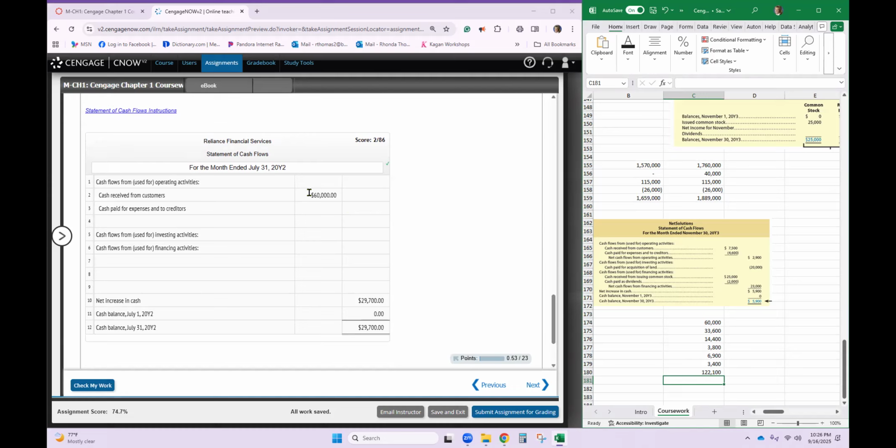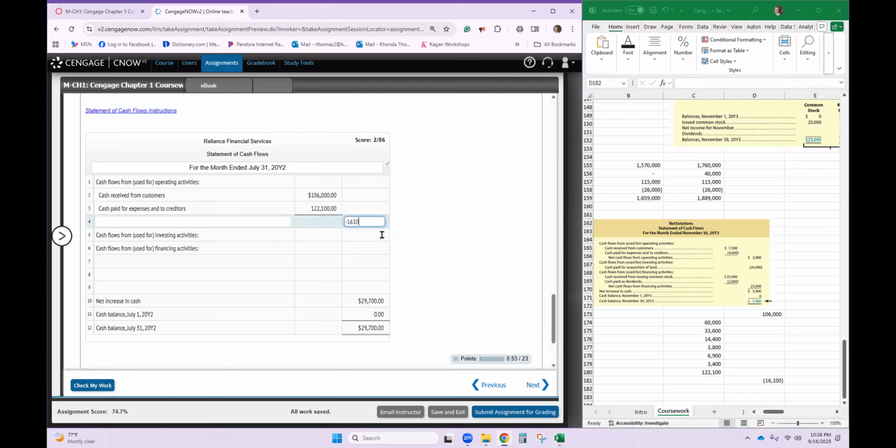Oh, this should be 106. My fault. 106. Okay. Then this should be 122,100. So if I take 106, which is the cash received, and if I subtract the cash paid, we have a negative 16,100.